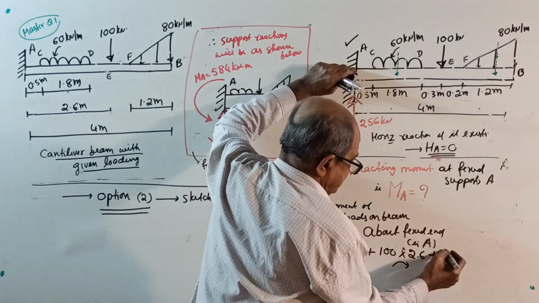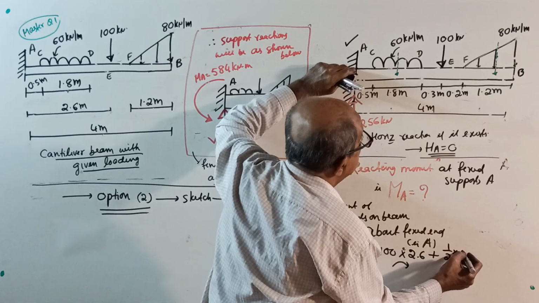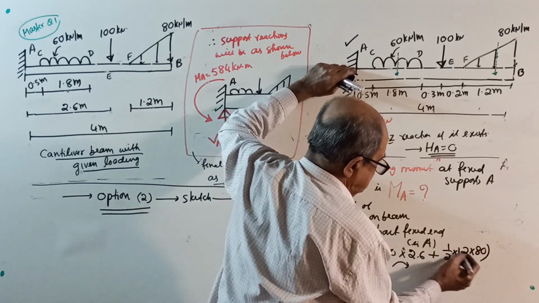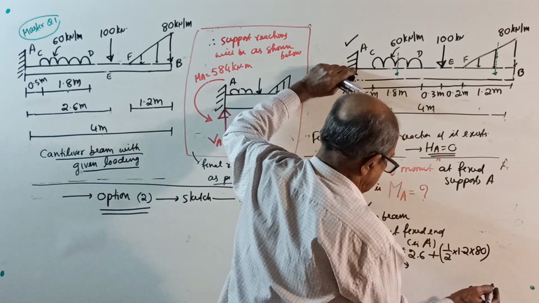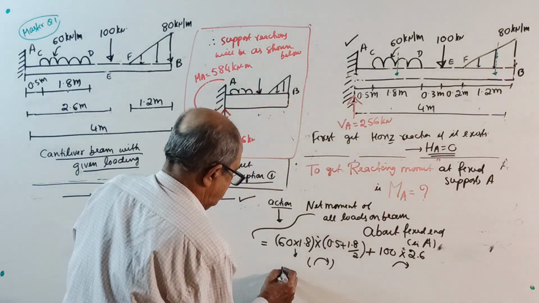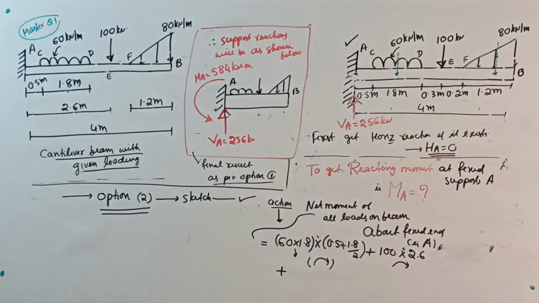Moment of this load. Half into 1.2 into 80 is the load. Again, space problem is there. Clockwise plus. Check the camera first. I do not want to rub later. Okay, camera, no problem.